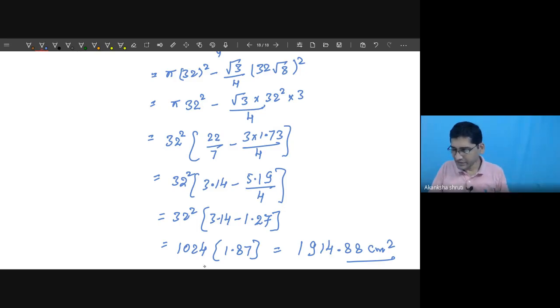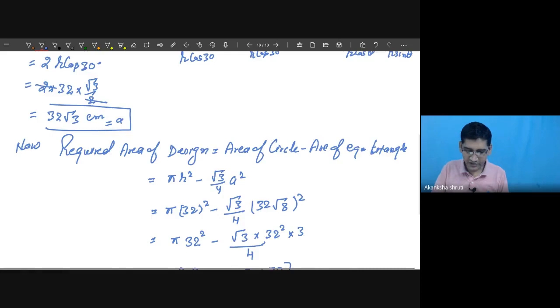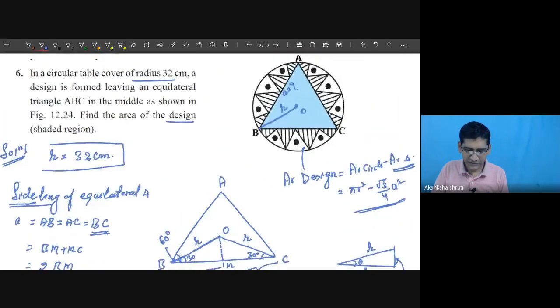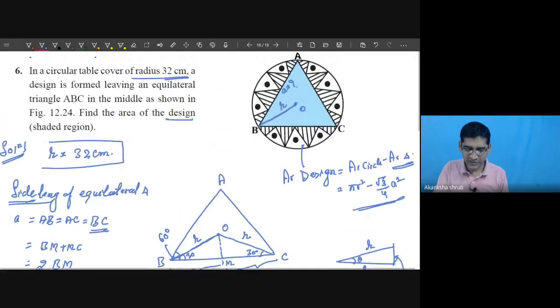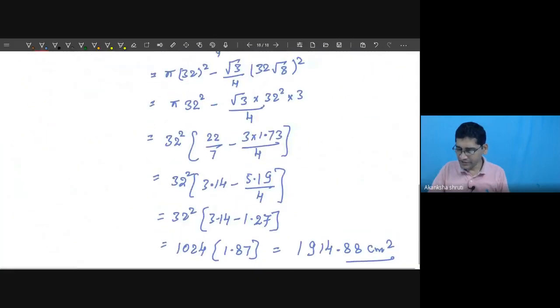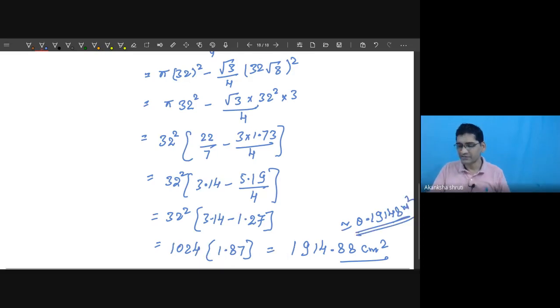This is in centimeters. If required in terms of meters, we can also convert it. Yes, it is given in centimeters. So in terms of meters, how much does it become? Centimeter is equal to how many meters? 0.01. Since it is the square, it is around 0.19148 meter square if it is given in meters.